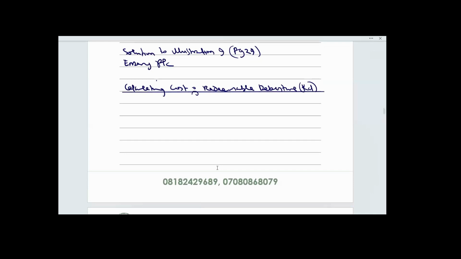So to calculate the internal rate of return, what are you supposed to do? You assume two discount rates that will produce two opposing NPV. I explained to you last time, always start from 10%.